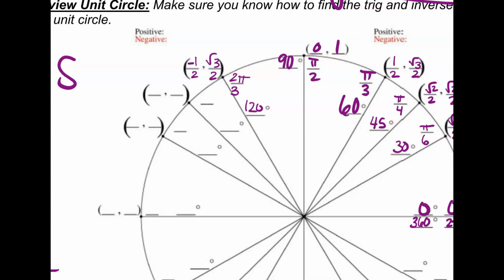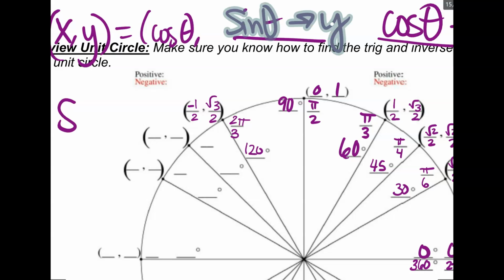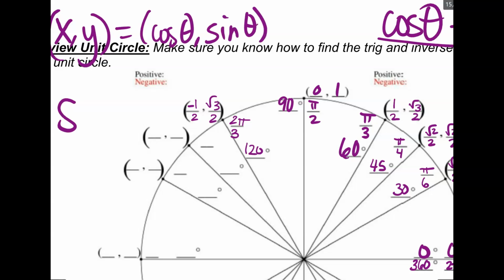When you're finding the coordinate, are you using the sine or the cosine? Both. The sine is y, so the x, comma, y corresponds to your cosine, comma, sine.